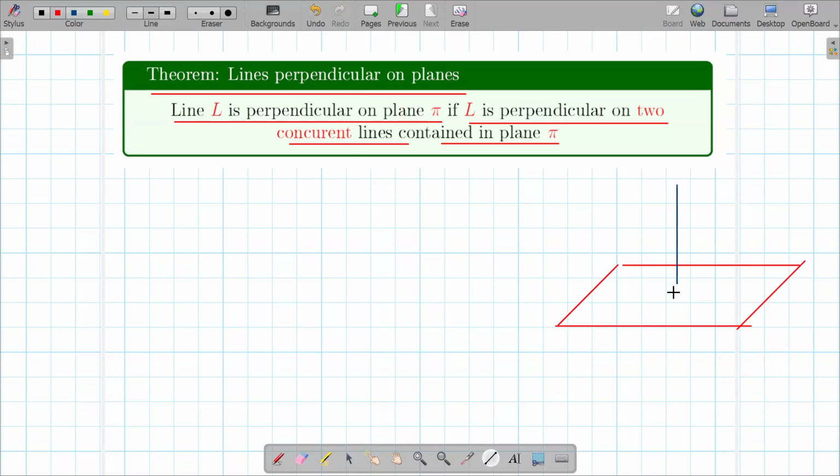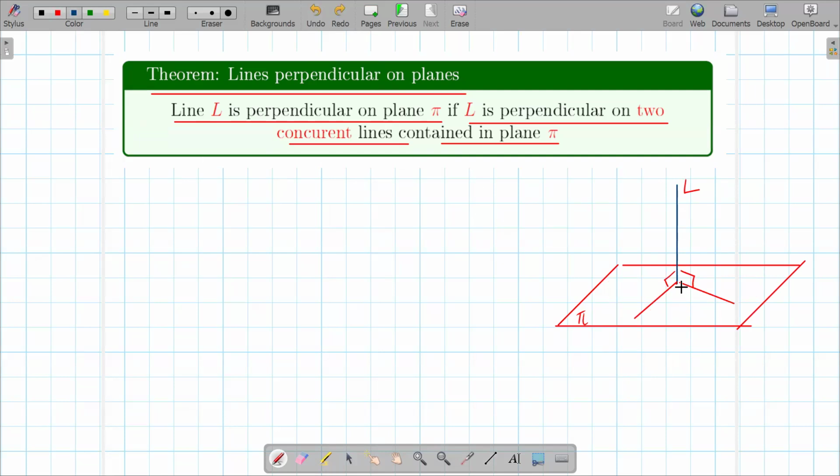And this line is perpendicular on two lines contained in plane pi, no? So these two angles are 90 degrees. This will be our plane pi, and this would be our line L. And now, given this, I want to show that this line L is perpendicular on every single line contained in plane pi.